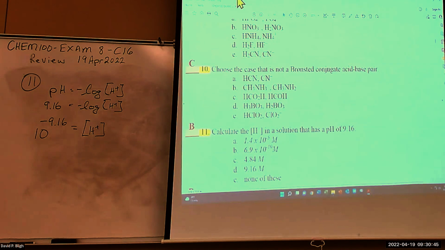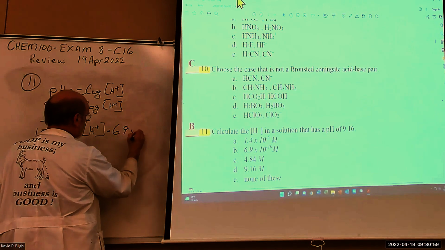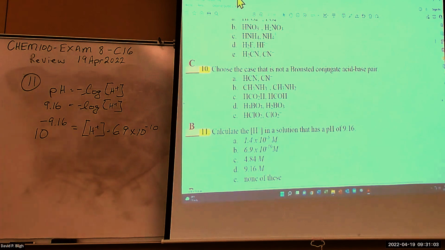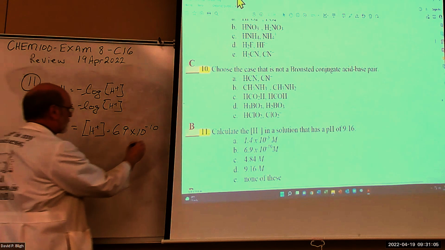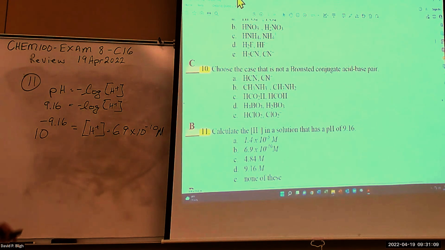Oh, okay. Let's see, we have 2 decimal places, so we get 2 significant figures in our answer. 6.9 times 10 to the minus 10, I believe. Yep, molar. There it is, right there.